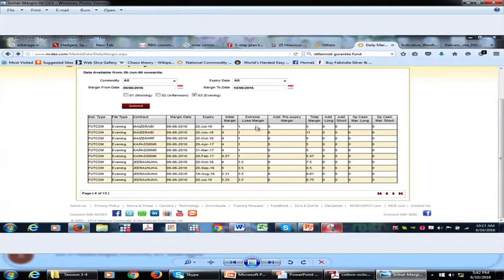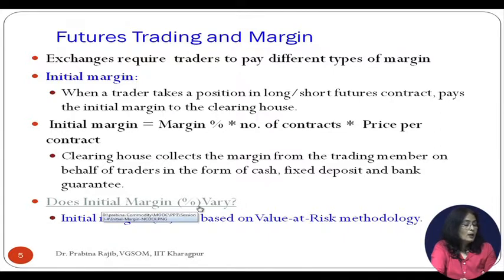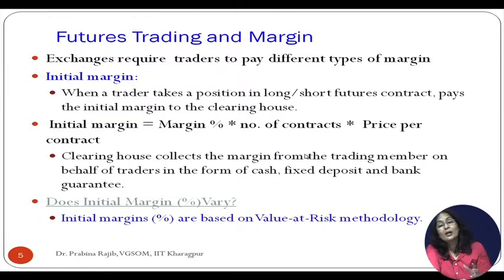Besides the initial margin, there are other margins like extreme loss margin, pre-expiry margin or delivery margin, and other margins, additional short, long and special margin, all these are there. So let us understand how exactly the initial margin percentage gets calculated by the exchange.